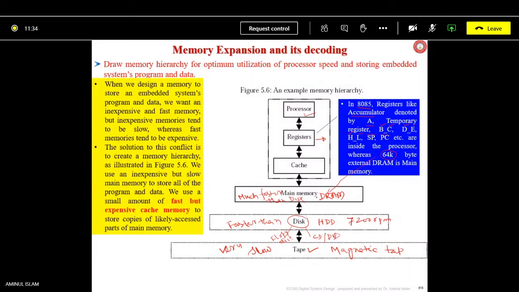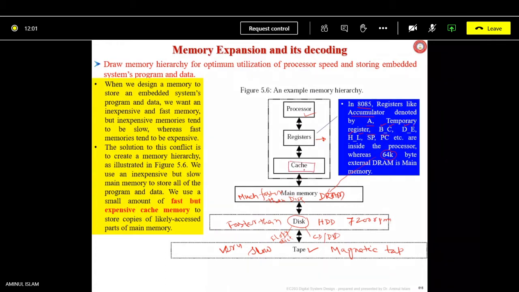So anyway, main memory was quite faster than all those memories at the bottom, but still it is much slower than the processor speed. So to bridge the gap between the processor speed and the memory speed, a very high speed memory is placed inside the processor, that is called cache.